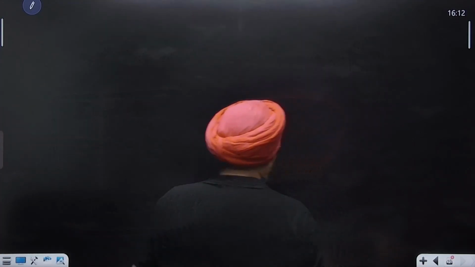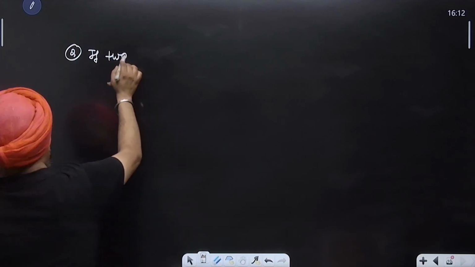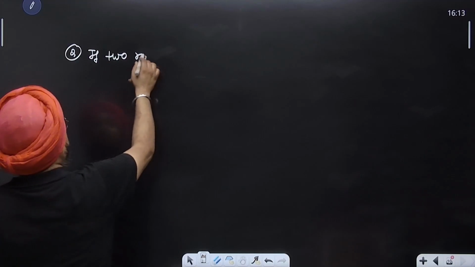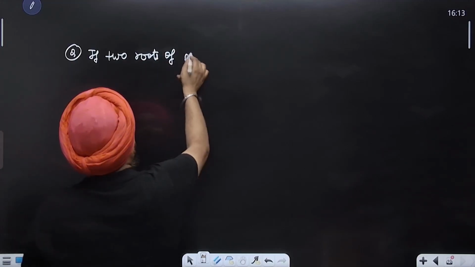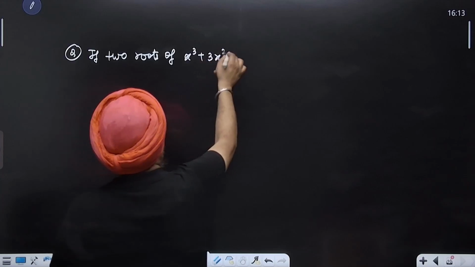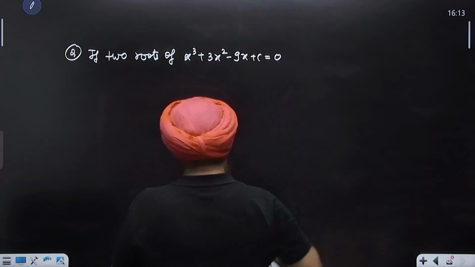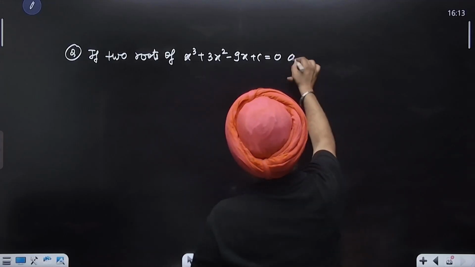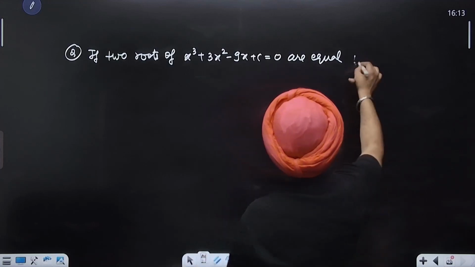So we can start with cubic, some basic problems. If two roots of x cube plus 3x square minus 9x plus c equal to 0 are equal, then find the value of c.